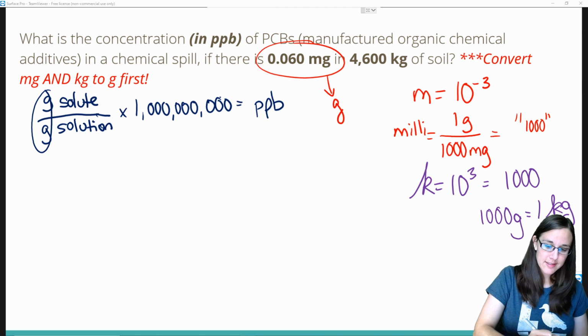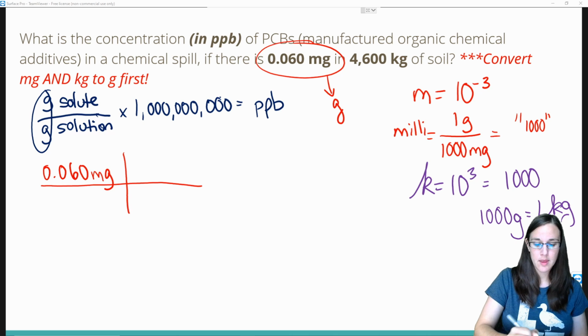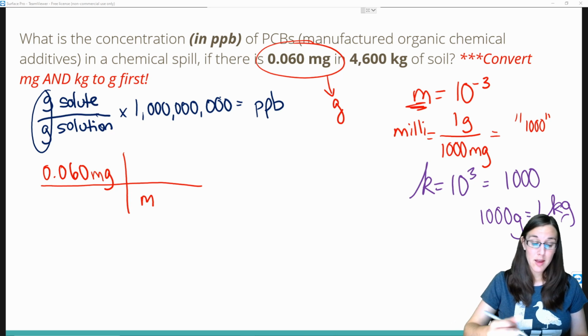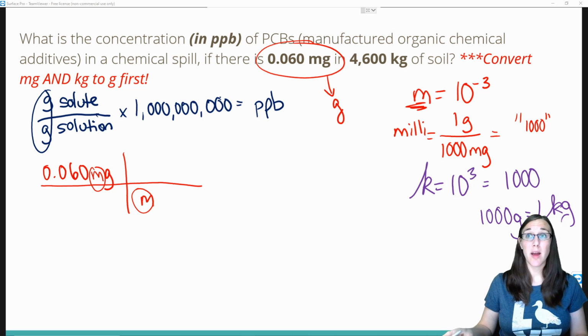So we can set this up as 0.060 milligrams, and I'm going to put the m, literally the m, in the bottom. Just as we saw before, an m divided by an m is 1. It makes it go away, just like a number. So if I put the m in the bottom, that would just leave me with grams. Awesome, that's what I wanted.